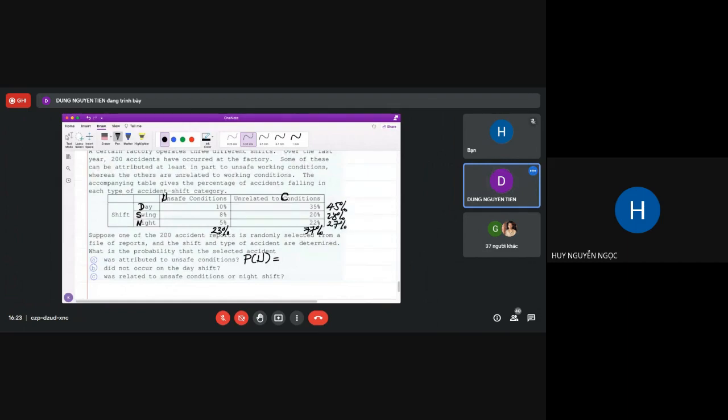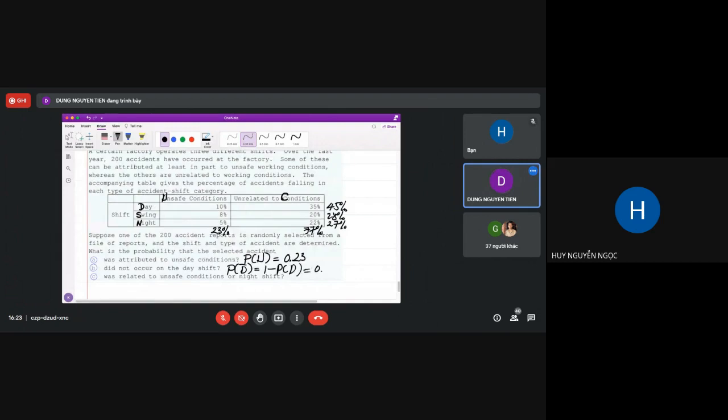Okay. Then the probability of U is 23%. Correct? For the second problem, you want to find the probability that it did not occur on the day shift, so D bar. And you use the probability of the complement, 1 minus the probability of D. The probability of D is 45%, and this is 0.55.